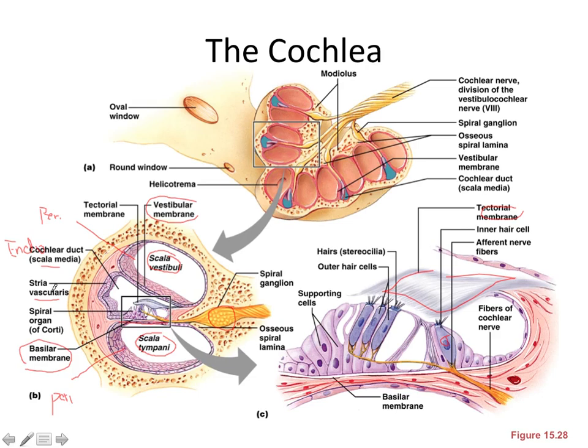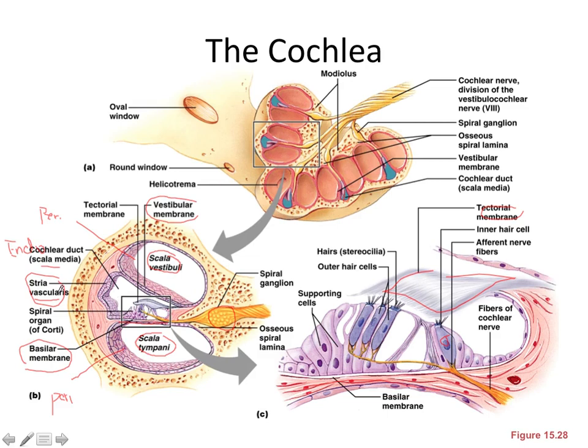Here, let's talk about the stria vascularis. What is its function? As we know, the endolymph is highly concentrated with potassium. Why?